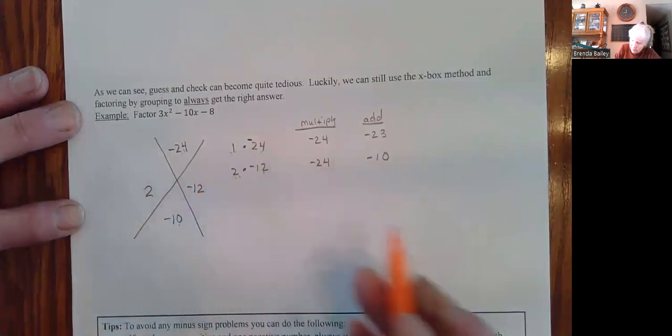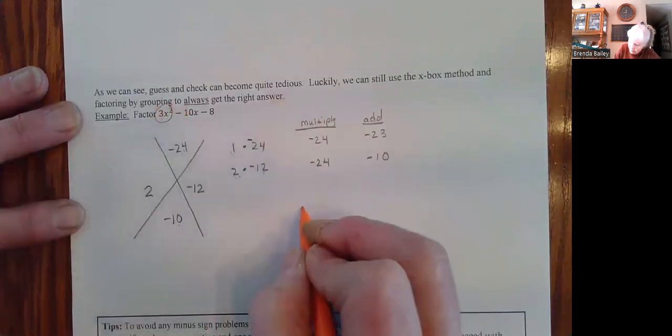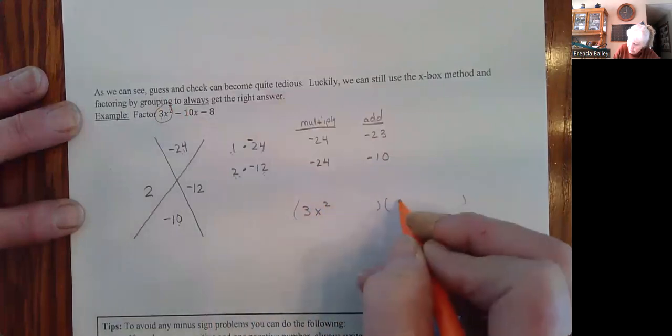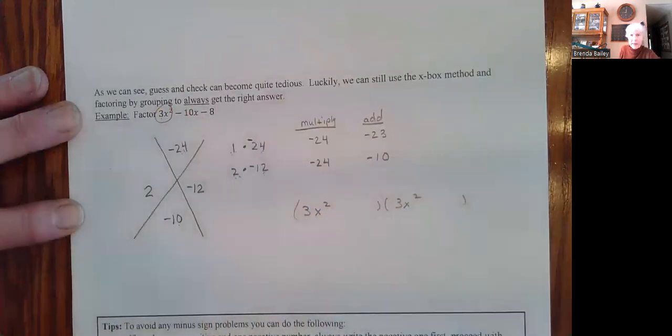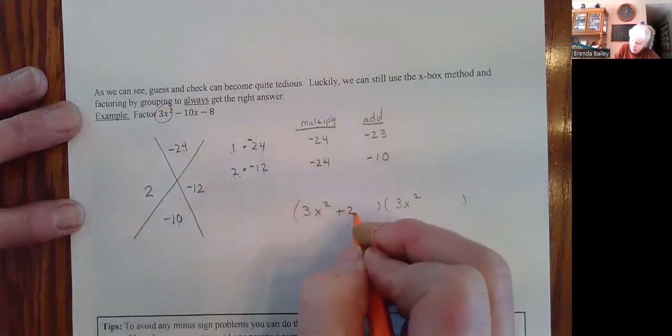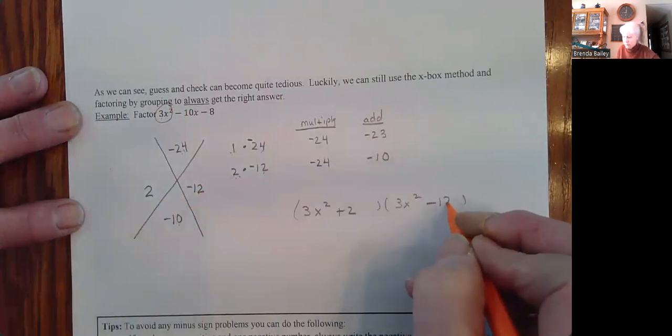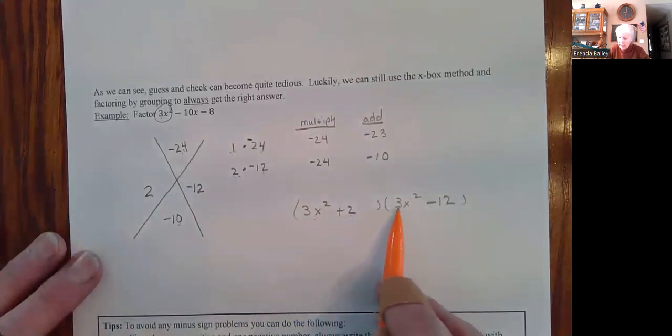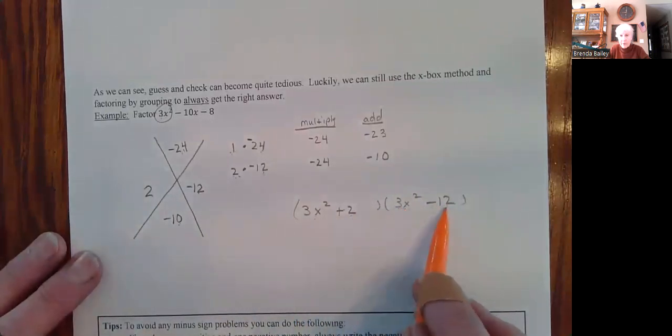So we write down, we take our 3x squared and we put it in both beginning spots, and we put the 2 somewhere and the minus 12. Either spot. You can switch them if you want to. So this one cannot be reduced, but this one can because 3 goes into both of them.